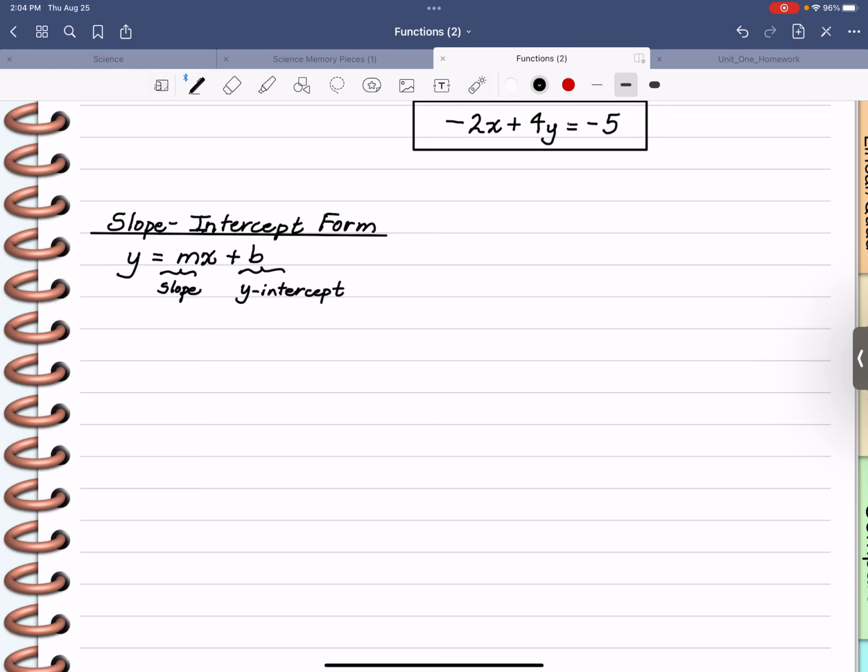And what that means, if you may have forgotten, is where the line, the proper term is bisect, but I'm going to use crosses just because that's a little easier to understand, the y, the tall axis.